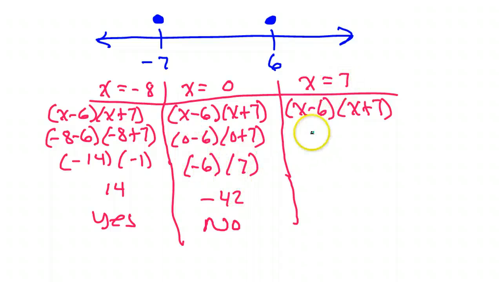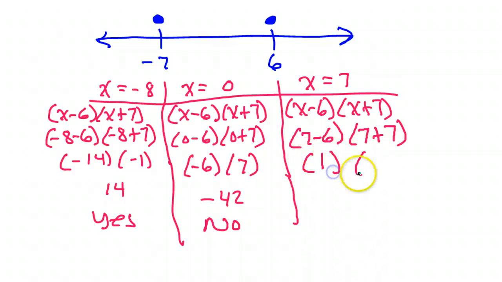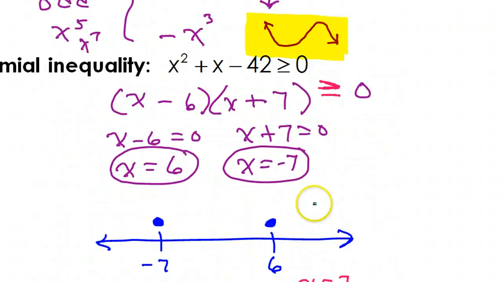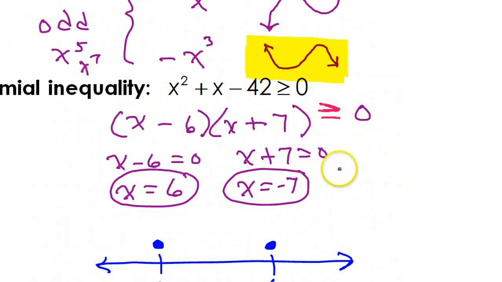What if I do the 7? So that will make this 7 minus 6 and 7 plus 7. So that would make 1 times 14. So that's 14. Is that a solution? Well, we already checked it over here. Yes, that's a solution because it is greater than or equal to 0.